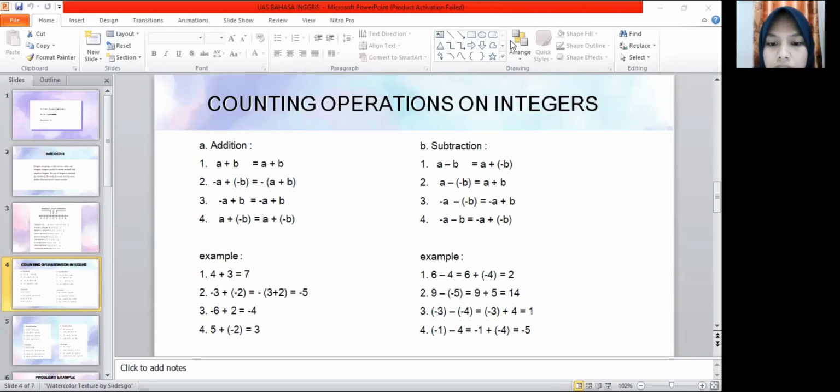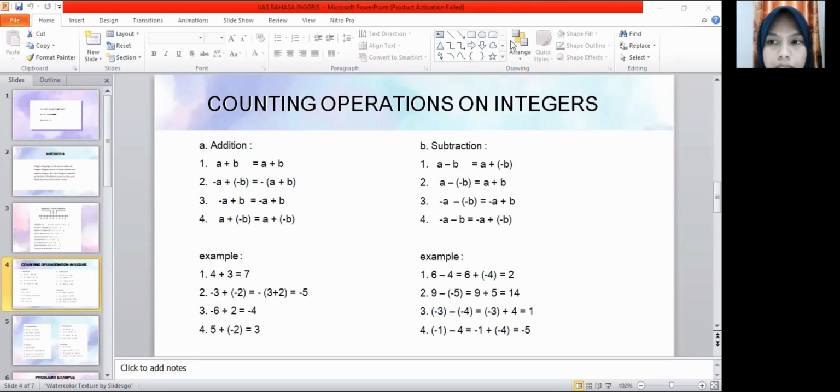Subtraction. In the subtraction operation, if the subtraction symbol meets the minus symbol, the result of the calculation will be added up. In algebra form, a minus b equals a plus negative b.